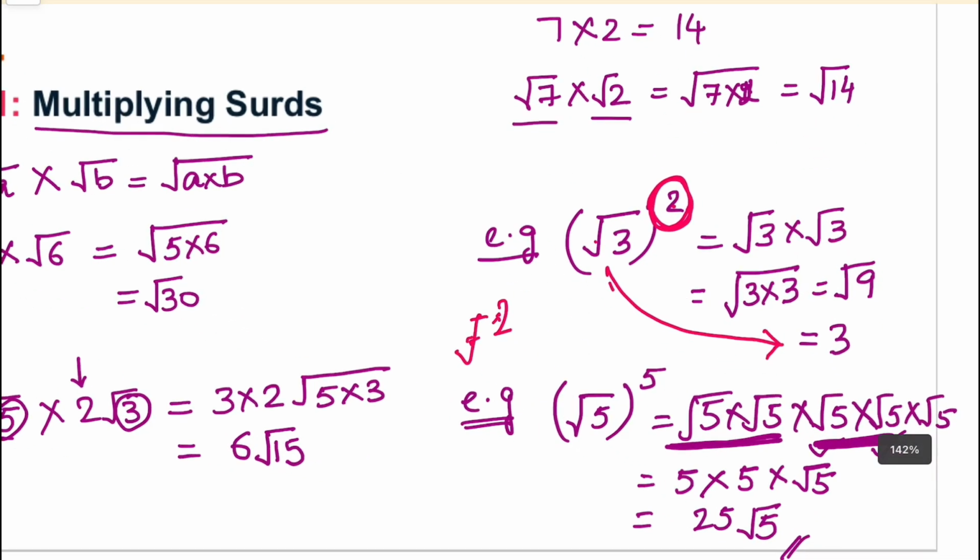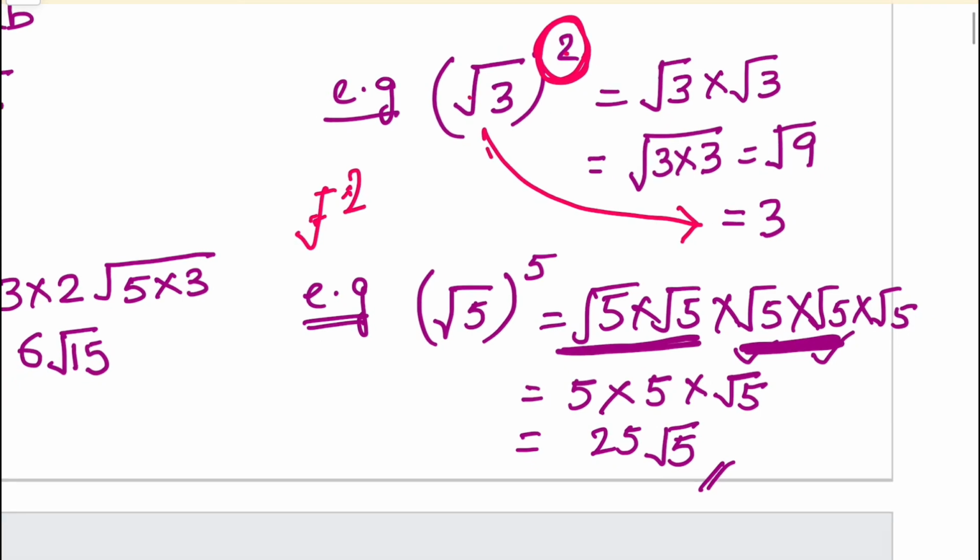Or another way of solving it, the basic way, is you do square root of 5 times 5 is 25, times 5 is 125, times 5 is 625, times 5 is 3125.